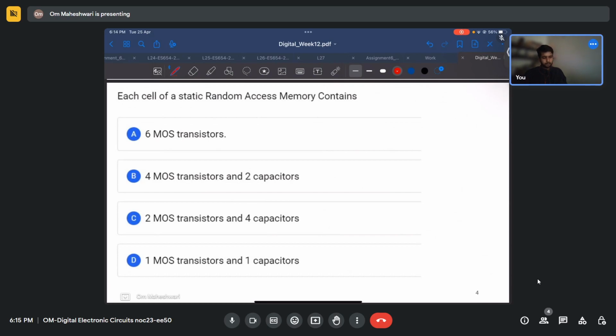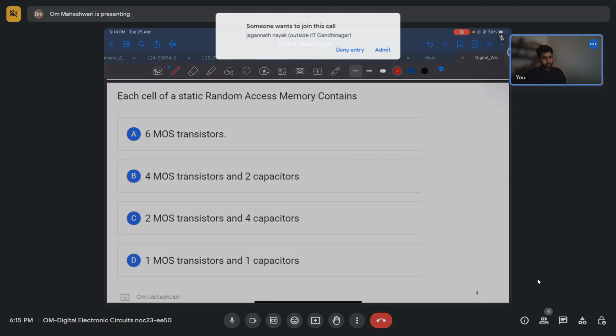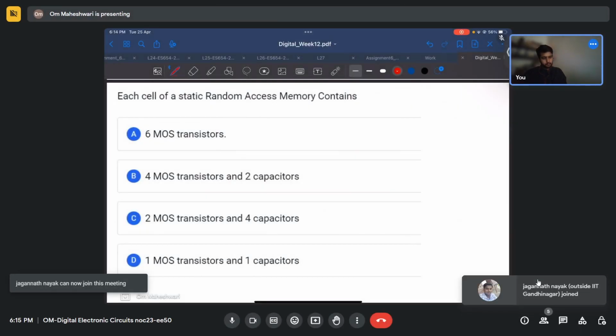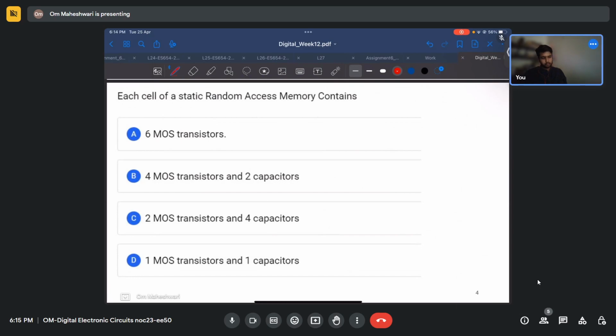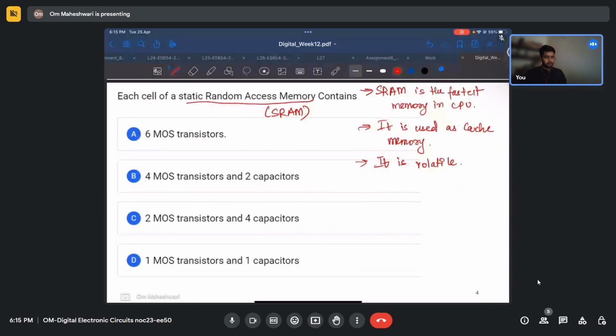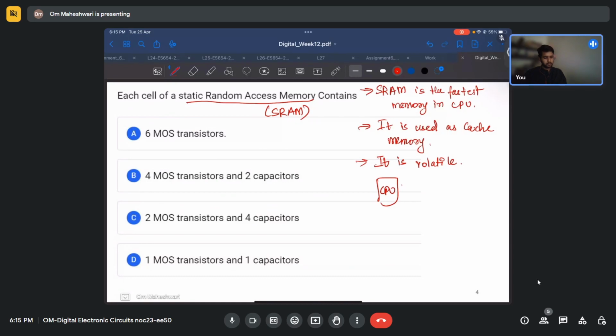It is used as cache memory and it is volatile, so every time you restart, the SRAM will lose its contents. It is located very near the CPU, and it is there to give and take data between the CPU very fast.